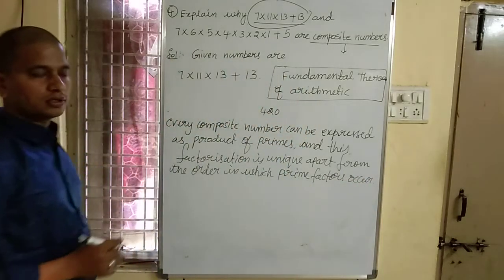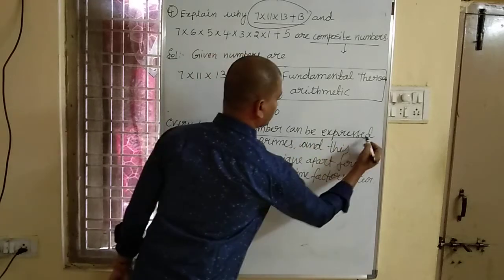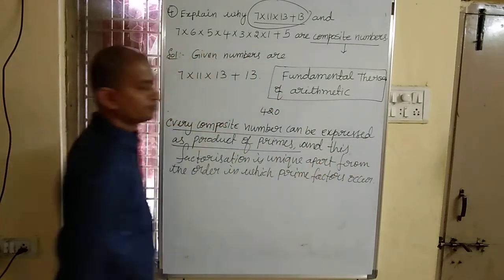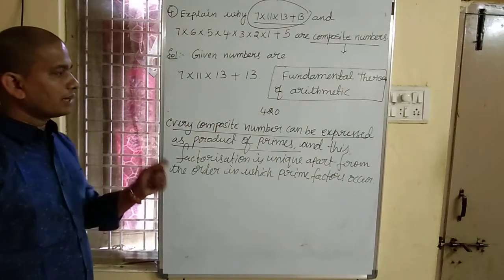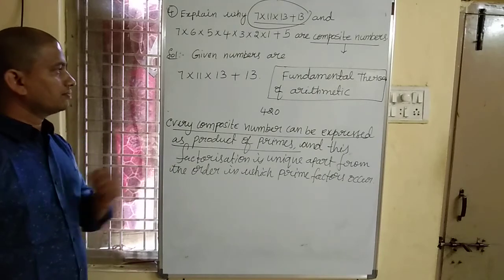Okay, so this is the important point. Every composite number can be expressed as a product of primes.